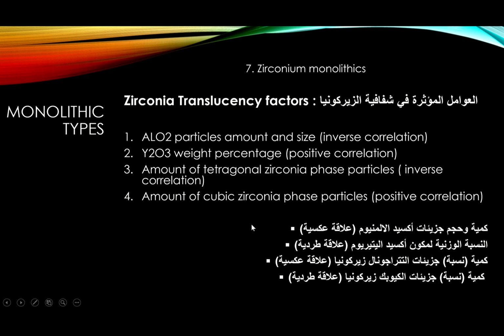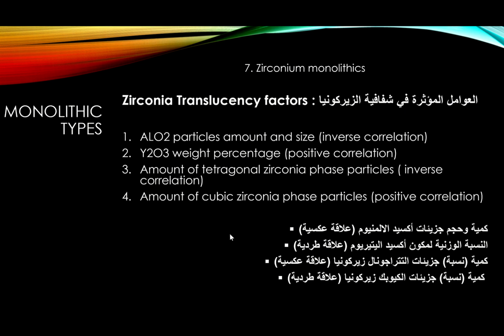So there are 2 things, cubic zirconia and yttrium oxide, that will increase the translucency of the zirconia block. And there are 2 things that will decrease translucency: the addition of aluminum oxide, both its size and amount, and the amount of tetragonal zirconia. The more tetragonal zirconia, the lower the translucency. So those are the 4 factors. All right.